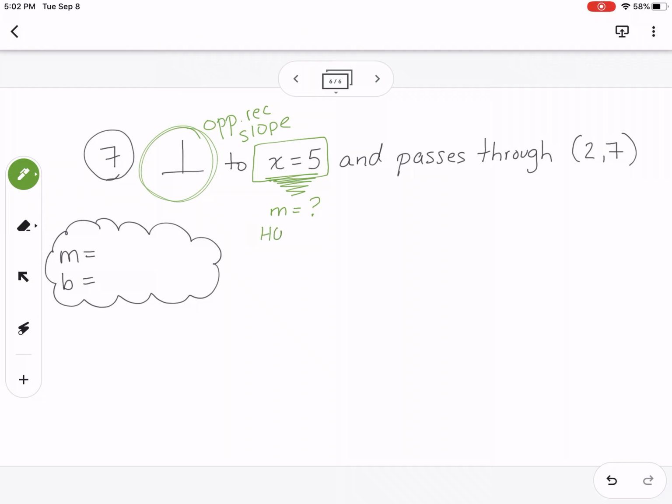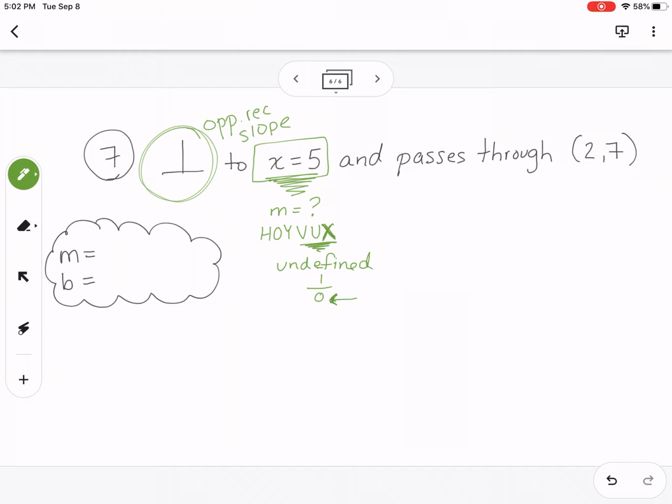This is one of our special lines. I have to think HOY VUX. This is the VUX, right? It's an x equals, that's what that x is in the VUX. So this is a vertical line with an undefined slope. So what's the opposite reciprocal of undefined? Okay, gets a little confusing. So why is it undefined? It's undefined because that meant the denominator was 0 at some point.